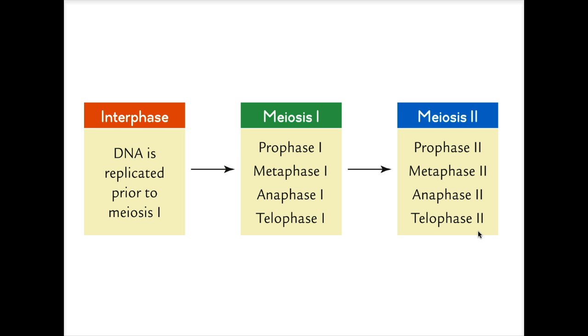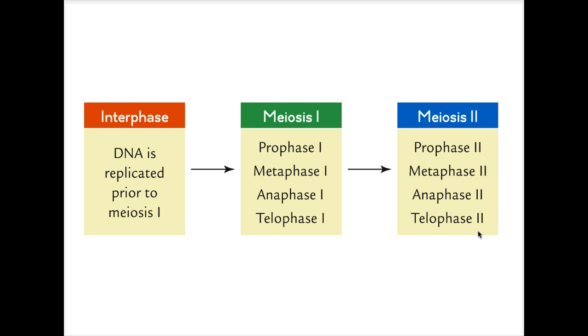So just a quick overview. Interphase occurs in the cell cycle for both cells that are going to undergo mitosis, those would be your somatic cells, and cells that are going to undergo meiosis, those would be your germline cells, or the cells that are destined to become gametes.